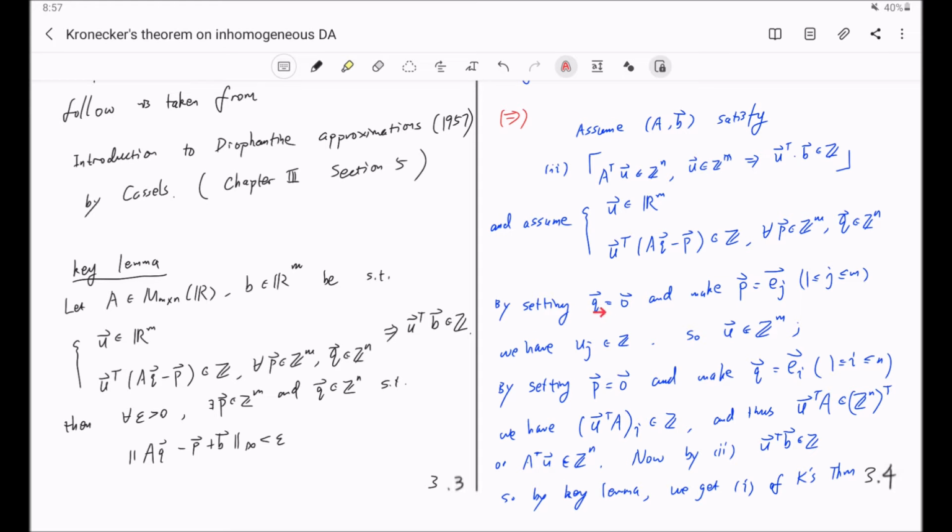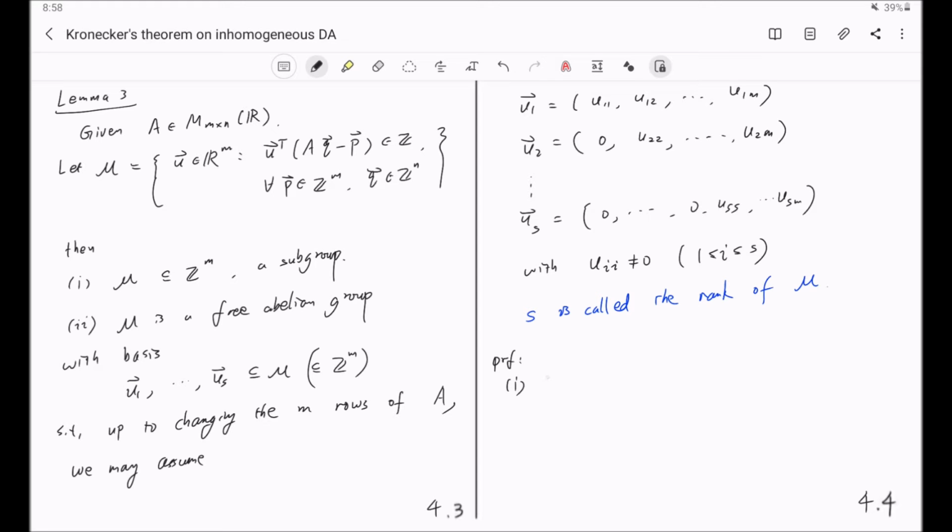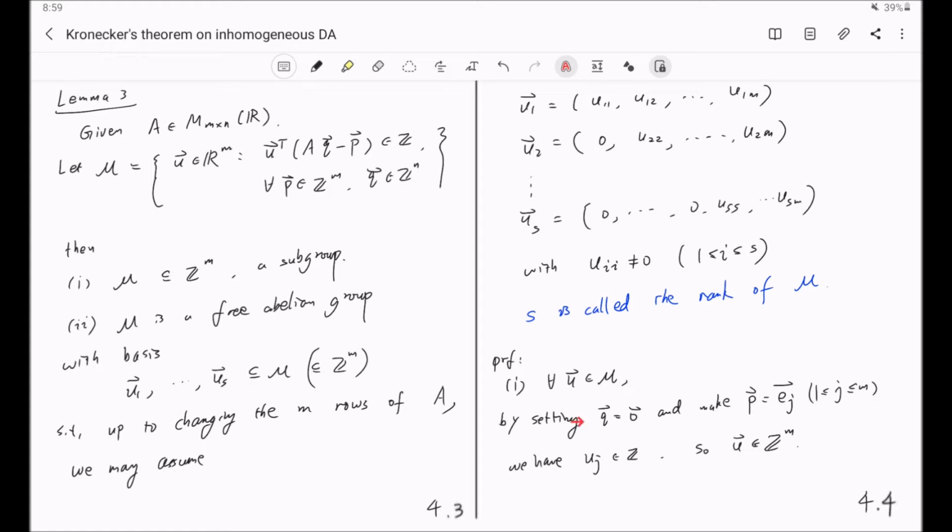By setting q equal to 0 and p equal to e_j, the j-th canonical basis vector in R^m, we have that u must be an integer vector. So for any u in M, I'm just going to copy the proof down here, which shows that this u in M must be an integer vector.